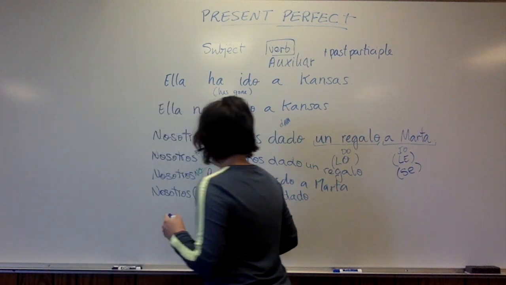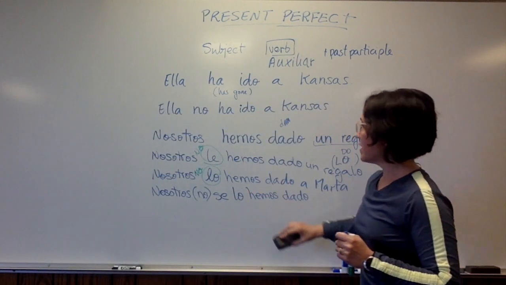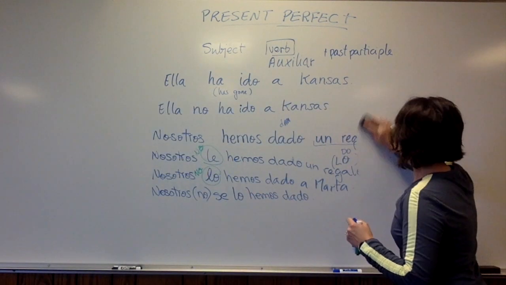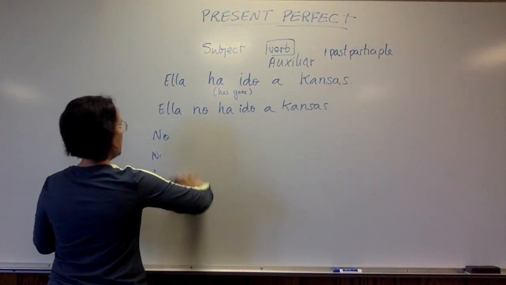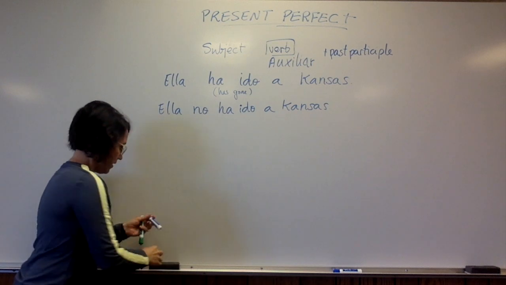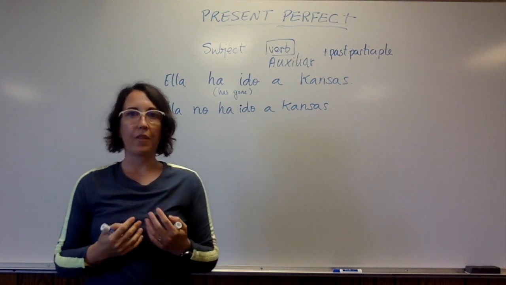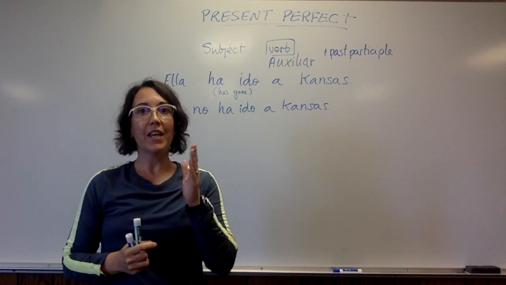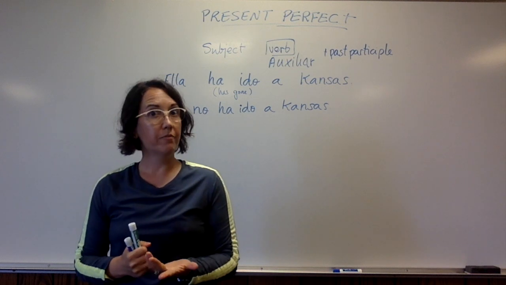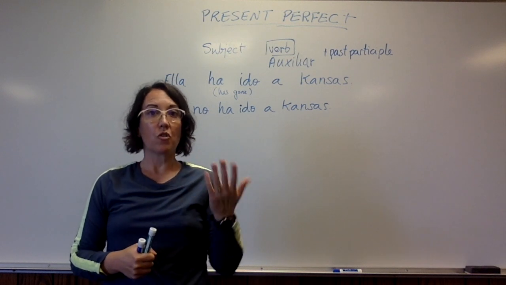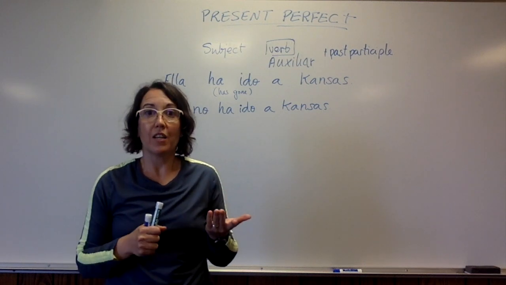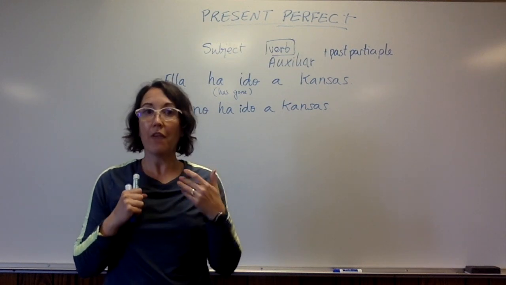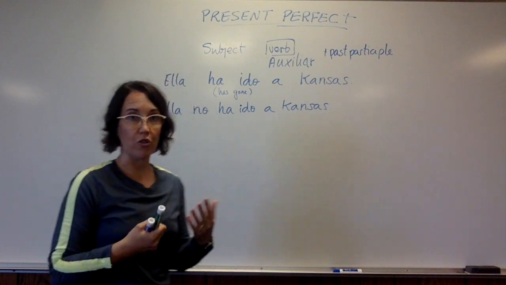Another way of building the sentences, okay, besides with these pronouns, is when you have two verbs. So in sentences with two verbs, for example, I need to go to the doctor. And of course, in the past tense or in the present perfect, you could have said, I have needed to go to the doctor.